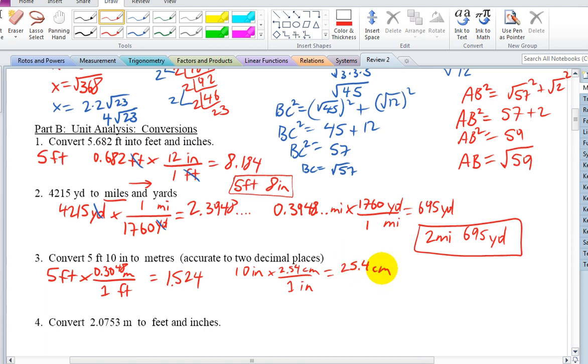So now we're in centimeters. How do we convert that into meters? Well, I do have a conversion factor for it. 1 meter is 100 centimeters.